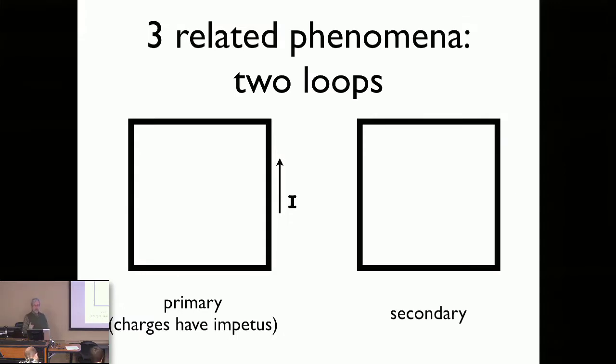And then I have another loop next to it that has no current in it. And if I just do that, and leave them there, nothing happens. Nothing more happens in the sense that the secondary, there's no current flowing in the secondary. As long as I just leave it like that, this is the way it will remain.